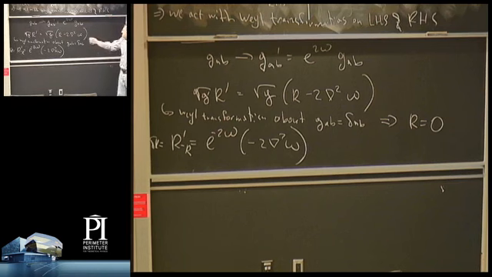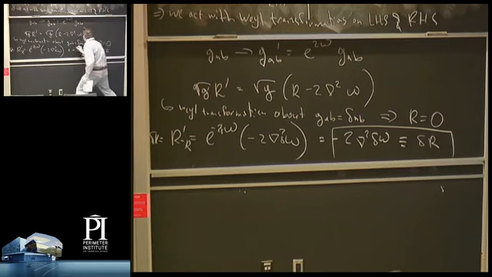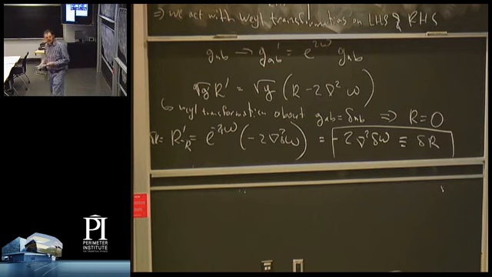So I'm asking how the Ricci scalar transforms about a flat world sheet to linear order in delta omega. And the answer is minus 2 nabla squared delta omega. Right? So this is the transformation of the world sheet Ricci scalar. Okay. So very good.